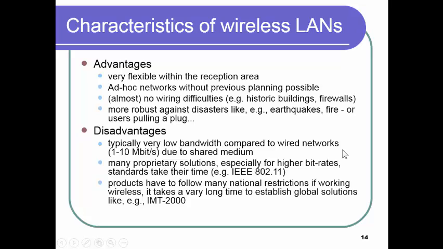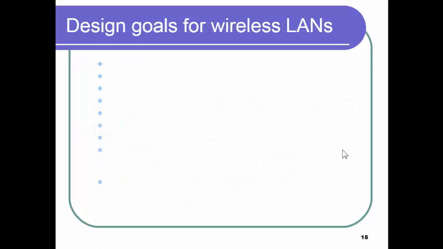If working wireless, it takes a very long time to establish a global solution like IMT 2000. So while configuring and designing the access points and the channel and their features, again the global considerations are most important.